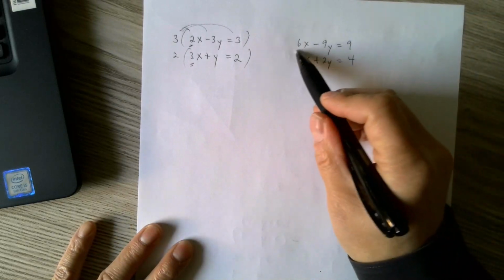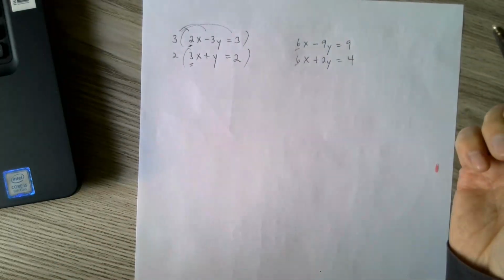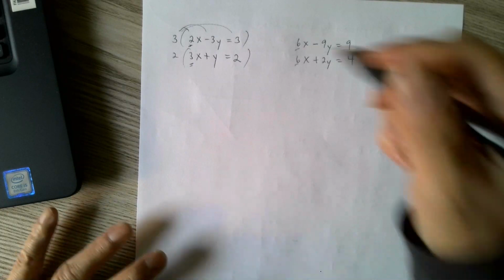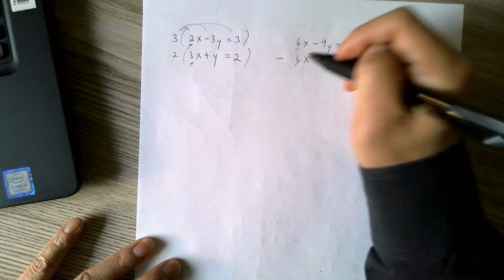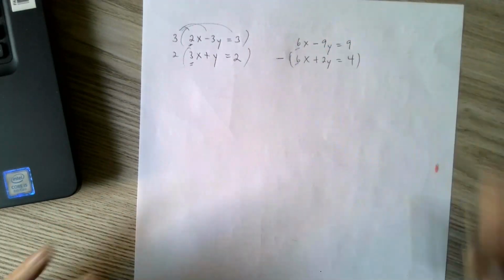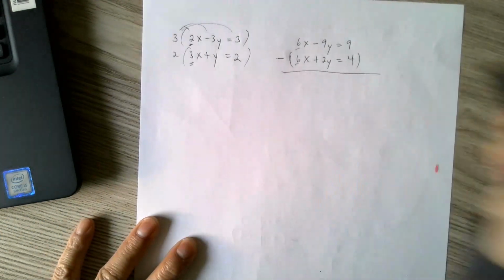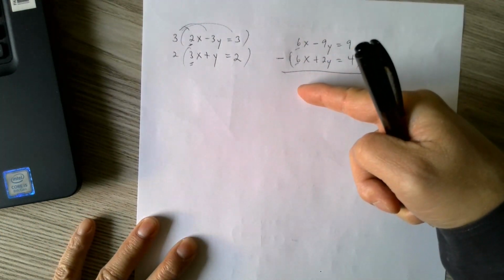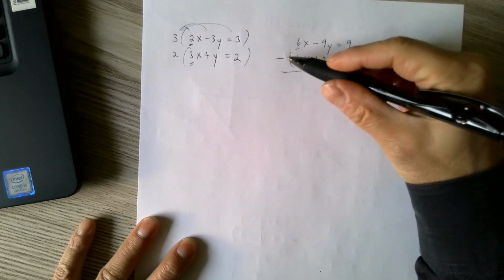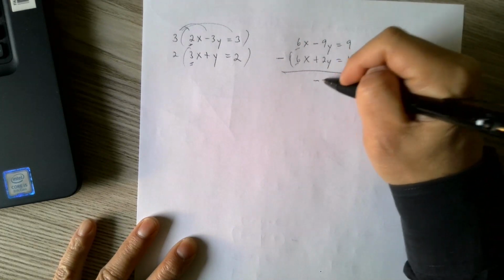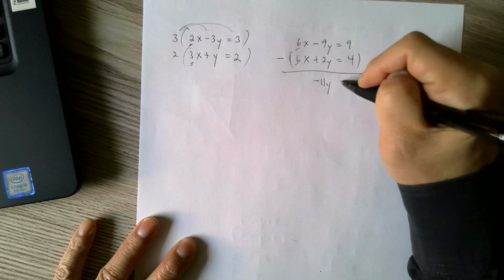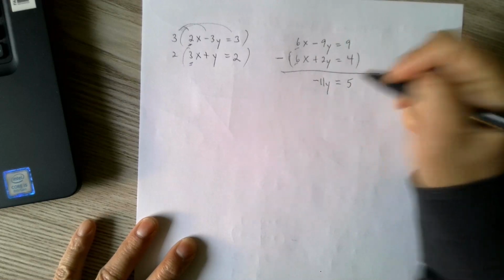Okay, now you can see the coefficients of the x terms are exactly the same, so I can subtract. 0x's, negative 9y minus 2y is negative 11y, and 9 minus 4 is 5.